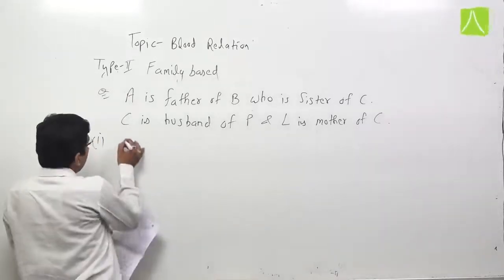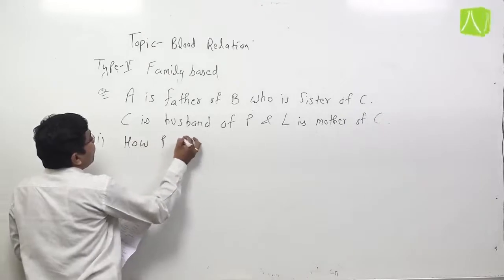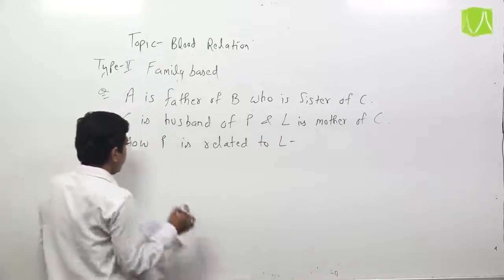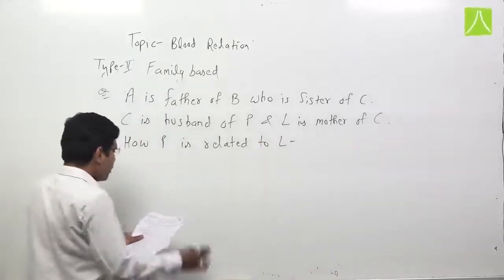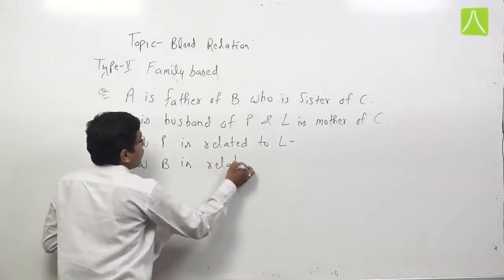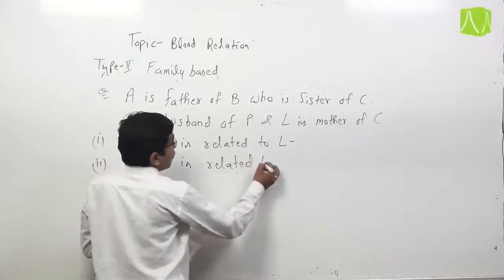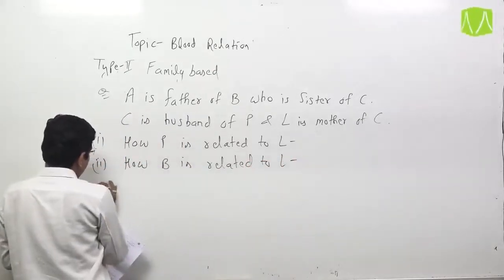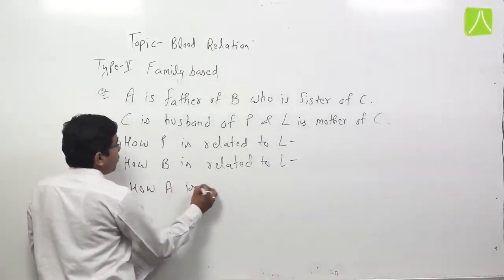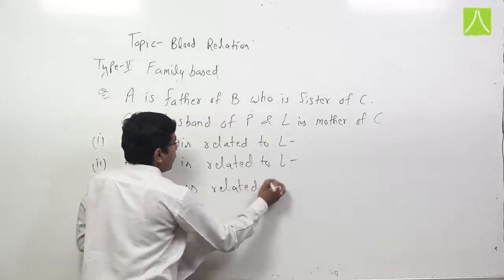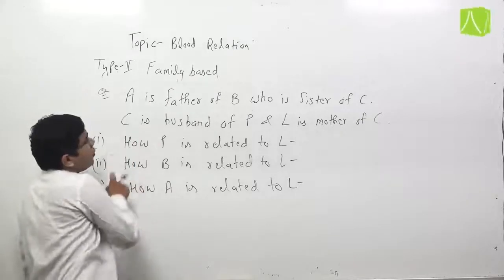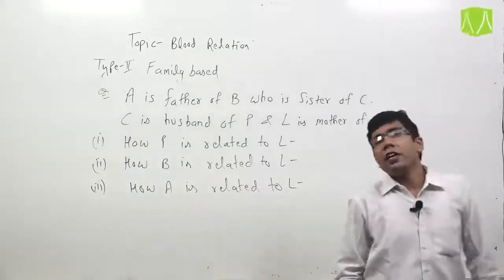First question is how P is related to L. Second question is how B is related to L, and third question is how A is related to L. We have to answer these 3 questions on the basis of the given information.